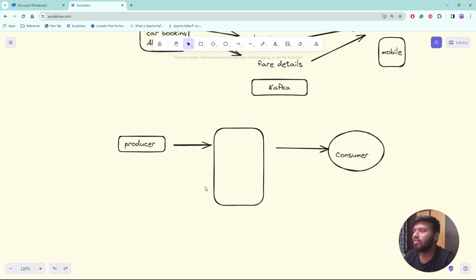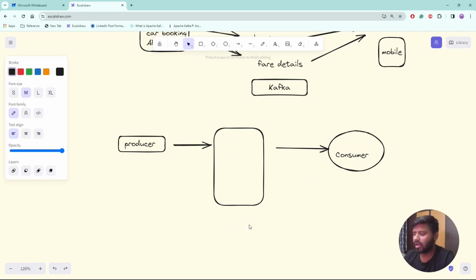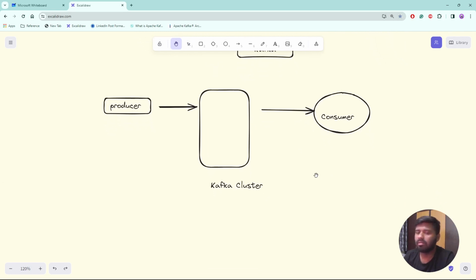Now if I highlight this specific portion, this is called the Kafka cluster. You can remember it like this: it's kind of a Kafka server.